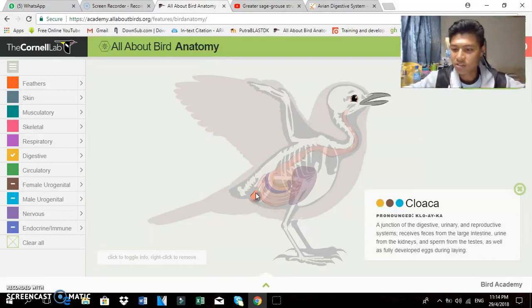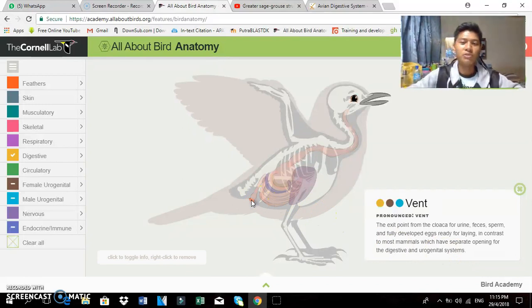It receives feces from the large intestine, urine from the kidneys, and sperm from the testes, and it also works to store the fully developed eggs during laying. Okay, and the last structure is the vent. The vent can be compared to the anus in humans. This is the exit point from the cloaca for the urine, feces, sperm, and fully developed eggs.